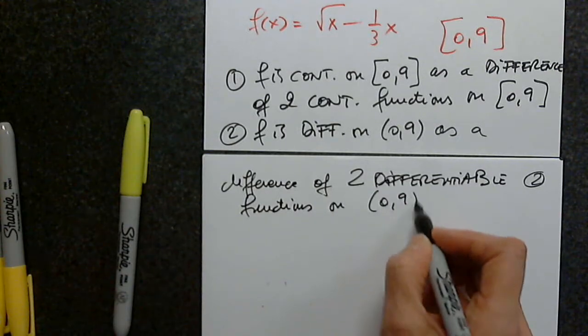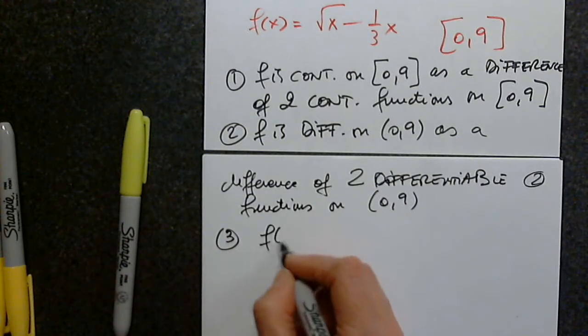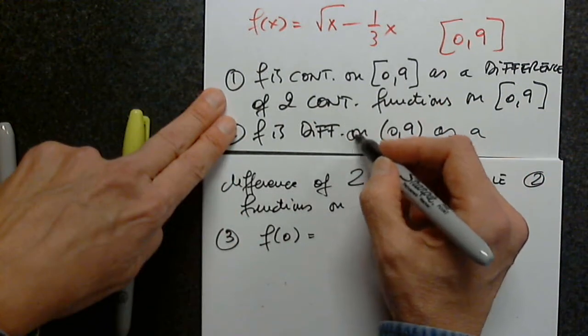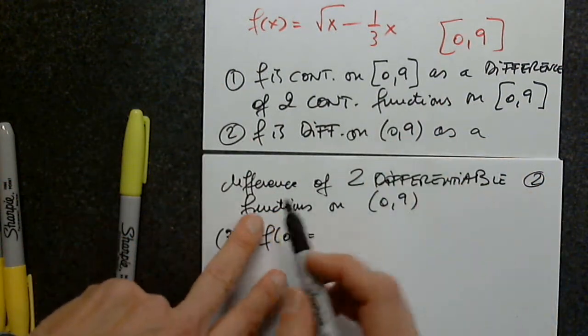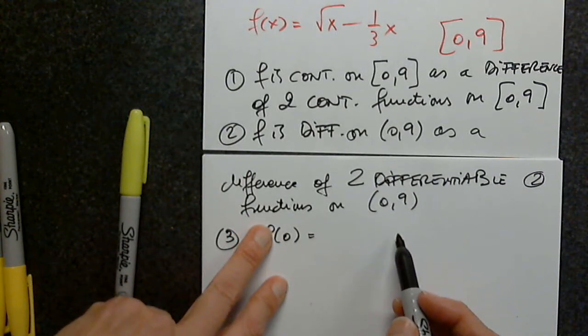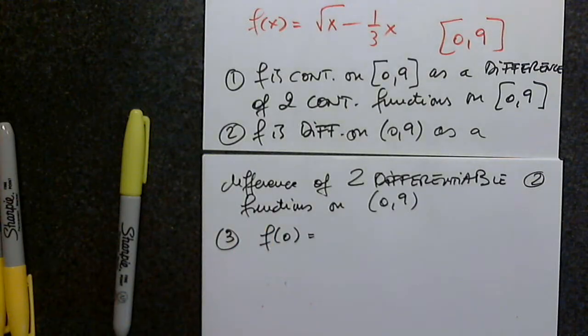Now, number three, I have to find f is differentiable on the interval 0, 9 as a difference of two differentiable functions on 0, 9. Is that okay? No. We know that the sum or the difference of two differentiable functions is also differentiable.